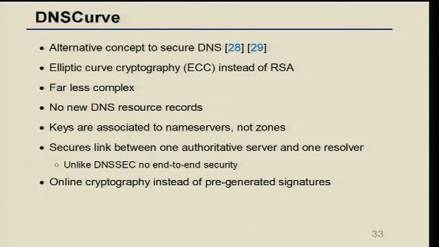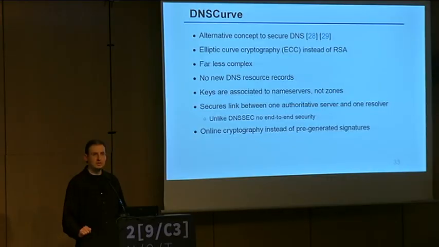DNSCurve is an alternative concept to secure DNS. The most obvious change is that it uses elliptic curves instead of RSA, and it is far less complex. It does not introduce any new DNS resource records. There are no DS records, no DNSKEY records, no signature records. And the keys are associated with name servers, not with the zones. This is the difference.